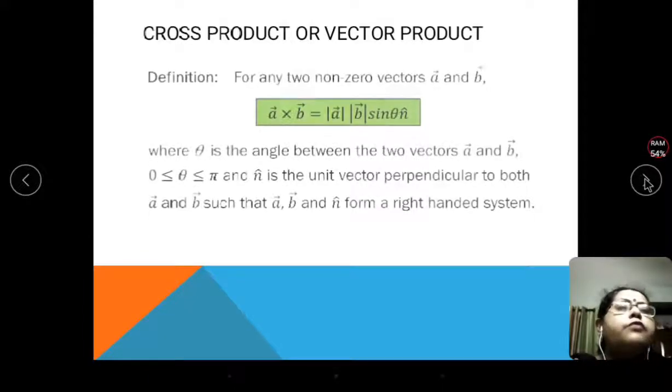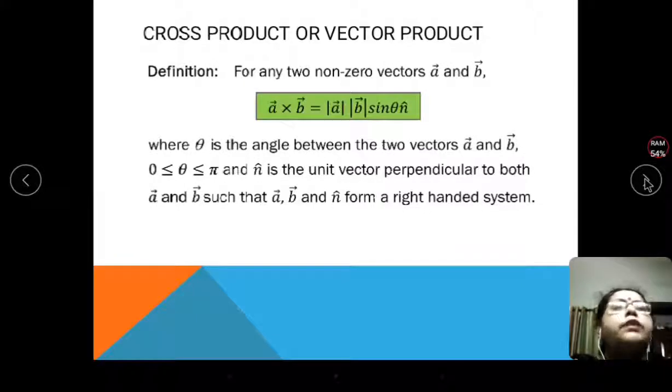Okay, so now for two non-zero vectors A and B, the cross product is defined by this equation. We write it as A cross B, and this is now again the product of the magnitude of the vectors A and B and now sine theta. In scalar product we had cos theta, now it is sine theta, where theta is again the angle between the two vectors A and B, and we have an extra entity over here, n cap.